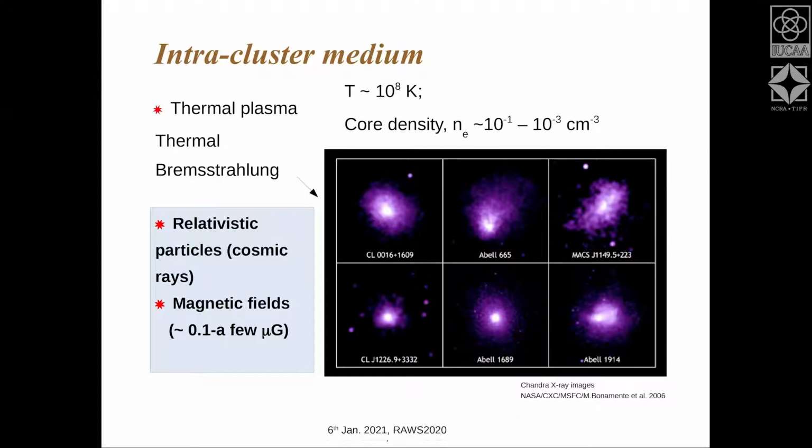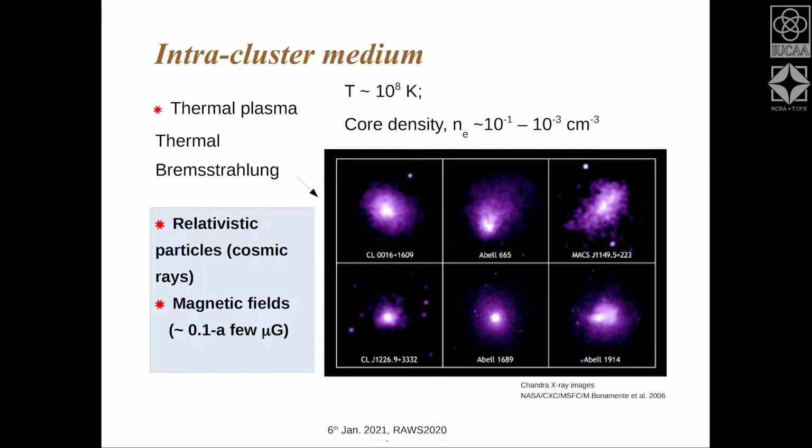Just like we can detect the neutral hydrogen line because of the sheer number of hydrogen atoms present in our universe, these systems are very large, and although this plasma is very thin, there is so much of it that we still detect it with our telescopes. The intracluster medium is diffuse gas which pervades the space between the galaxies in a galaxy cluster, and it is mainly a thermal plasma.